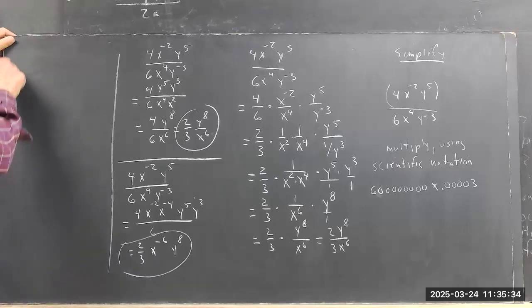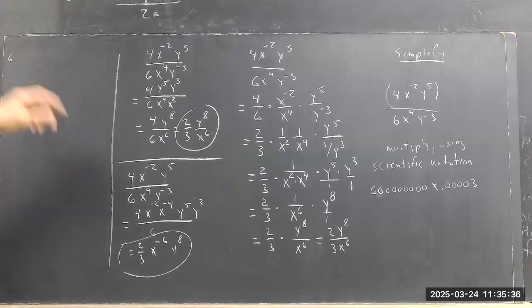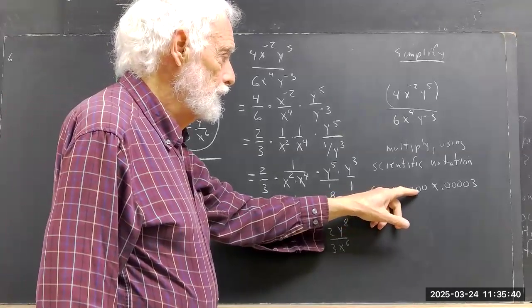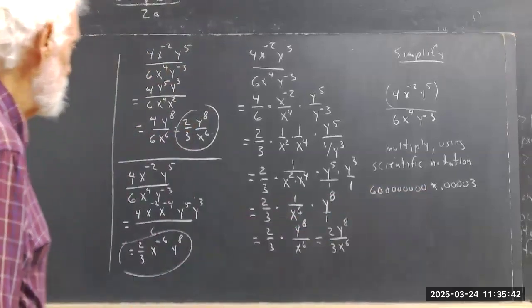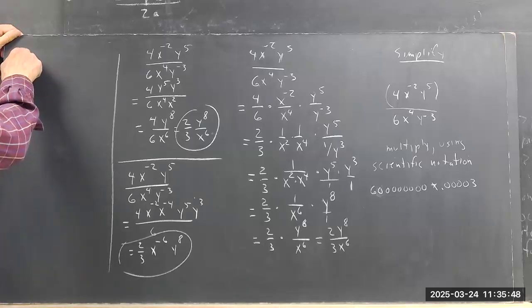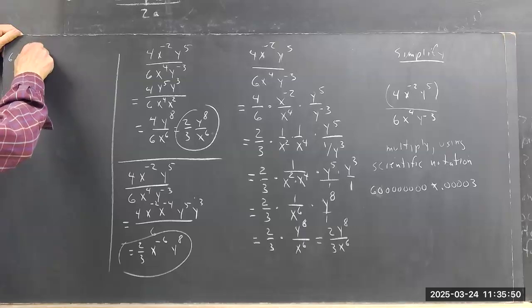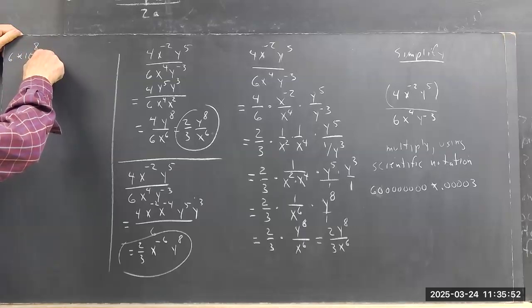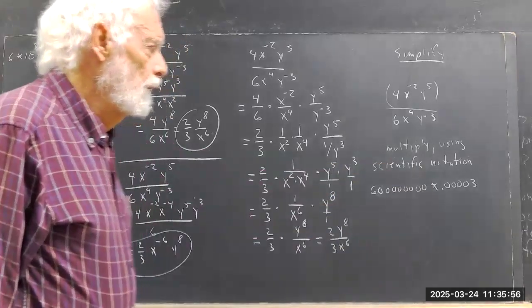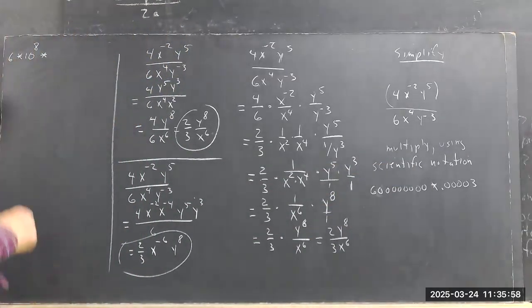Now we have 6, followed by 1, 2, 3, 4, 8 zeros. So that's 6 million. Sorry, 600 million. 6 times 10 to the 8th, multiplied by 3 with 4 zeros in front of it.